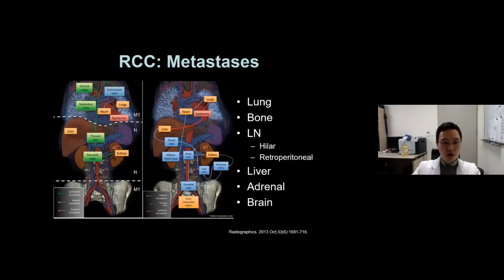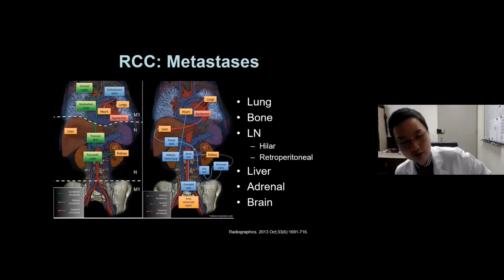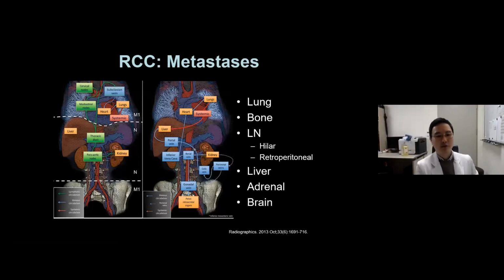And this image illustrates some examples of how renal cell carcinomas spread. Approximately 25% of patients have metastasis at presentation. As I have mentioned, because of its hypervascular characteristics, renal cell carcinoma has hematogenous features of metastasis.